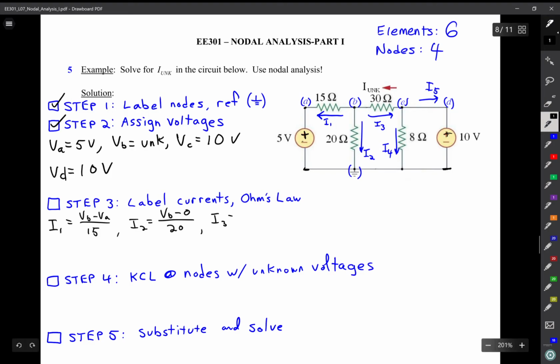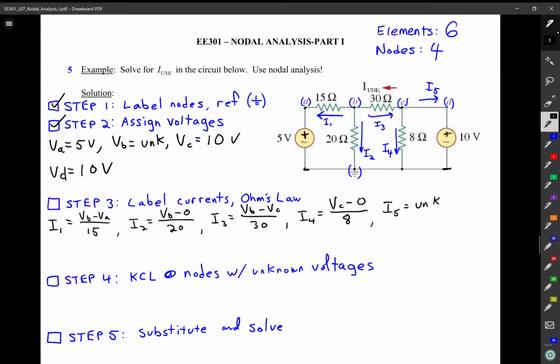I3 is equal to the voltage at B minus the voltage at C divided by 30 ohms. And I4 is equal to VC minus the potential at ground, which is 0, divided by 8, and I5 is unknown.